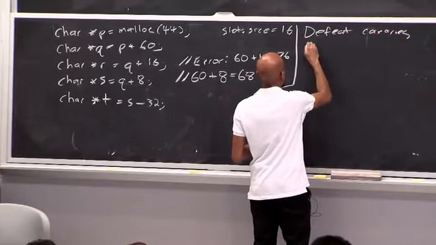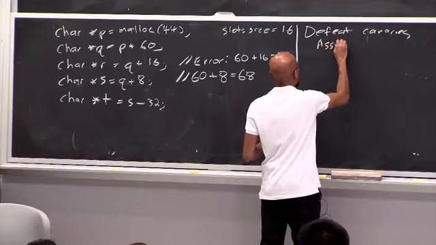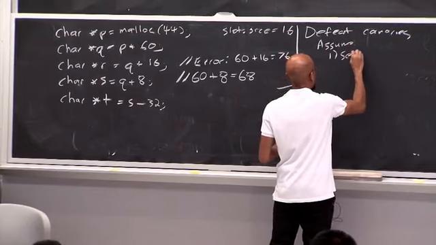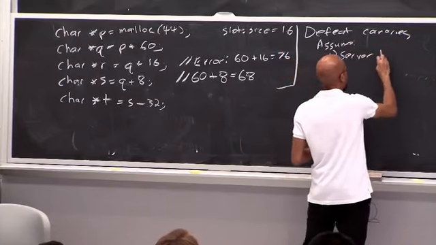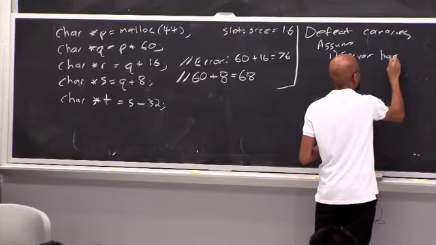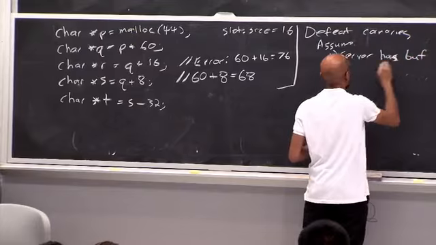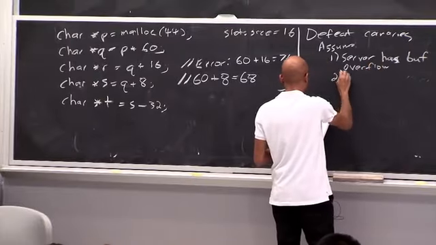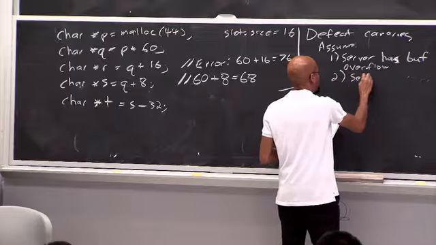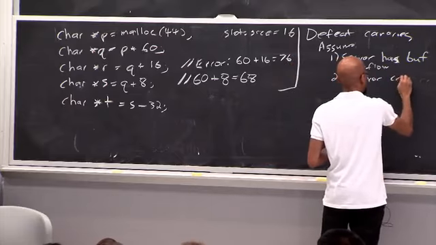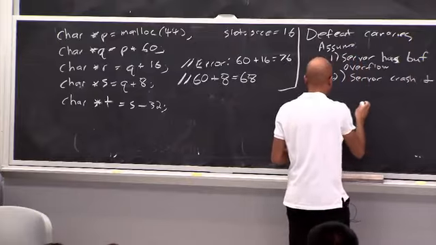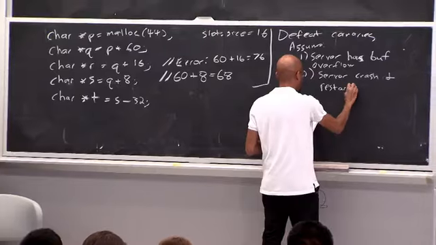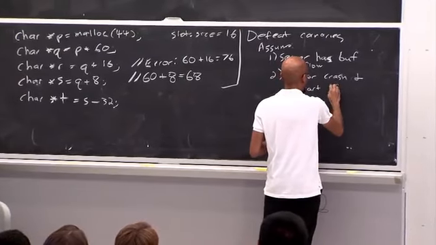The first thing that we want to assume is that the server has to have a buffer overflow vulnerability. The second thing that we're going to assume is that the server is going to crash and respawn, just restart, if we set the canary value to a bad one.